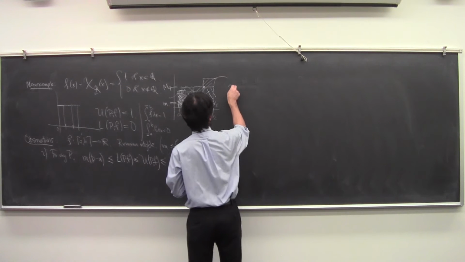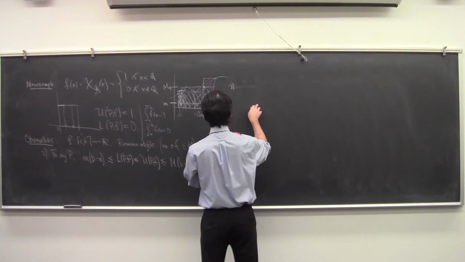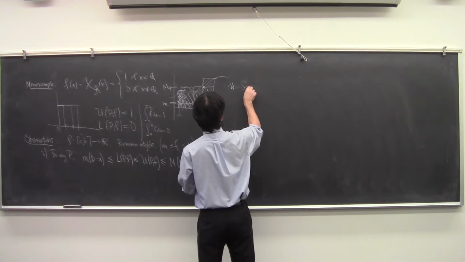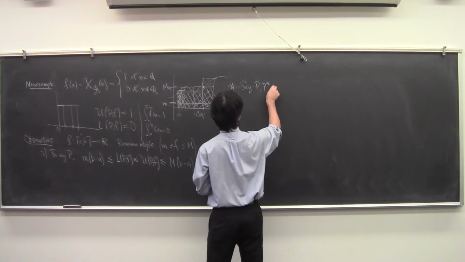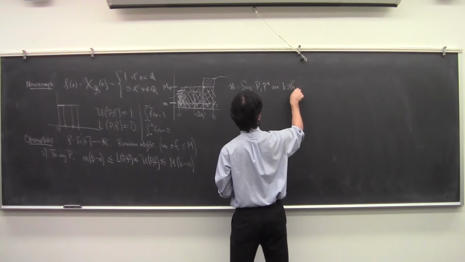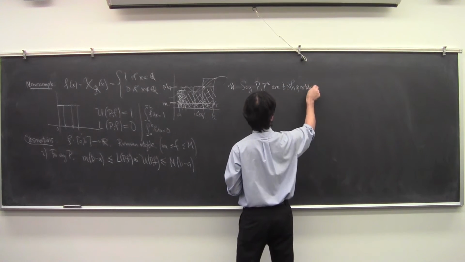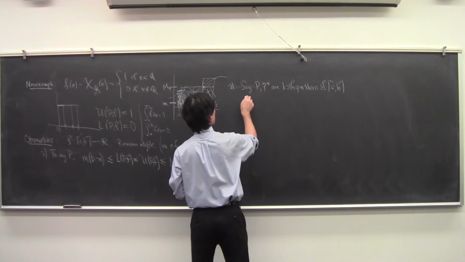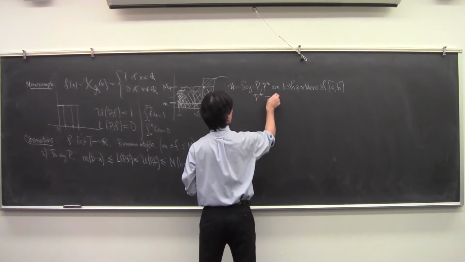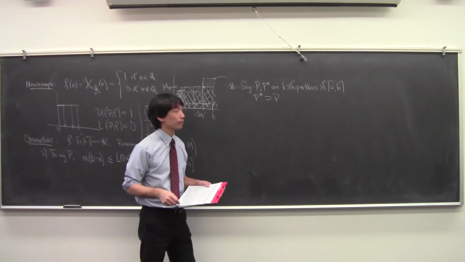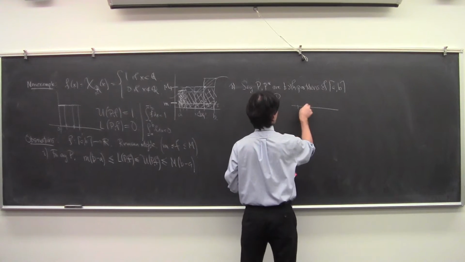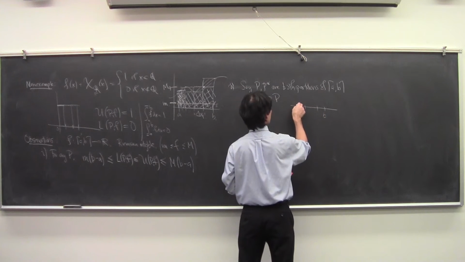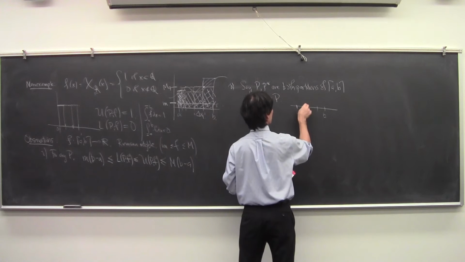The second observation is that, let's start off with a definition. Say P and P star are both partitions of the same interval [a, b]. And suppose that P star contains all the points of P. So you have one partition of [a, b], that's P. Let's say that it's these points here.